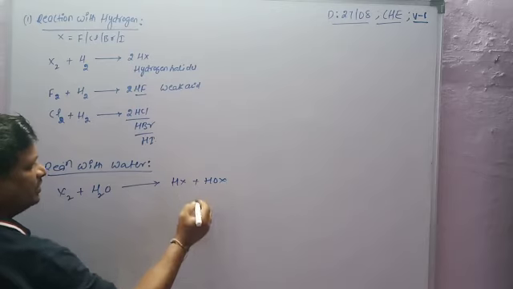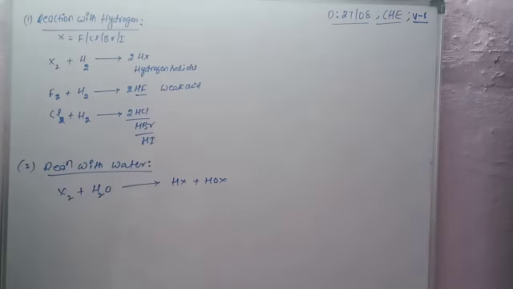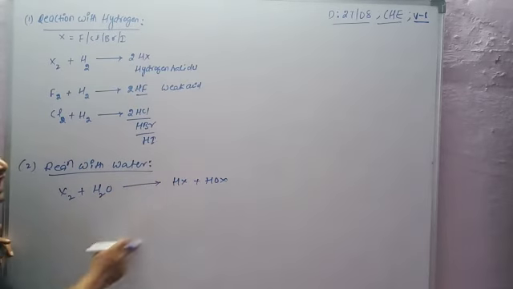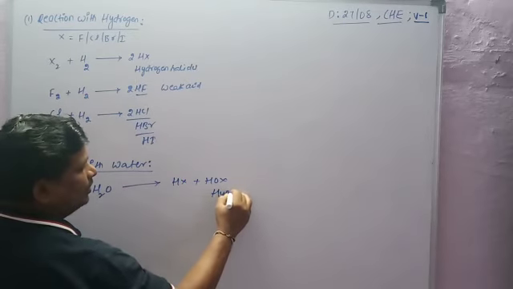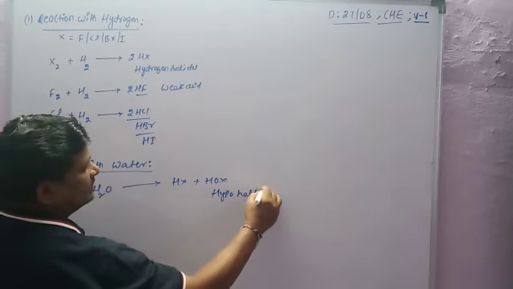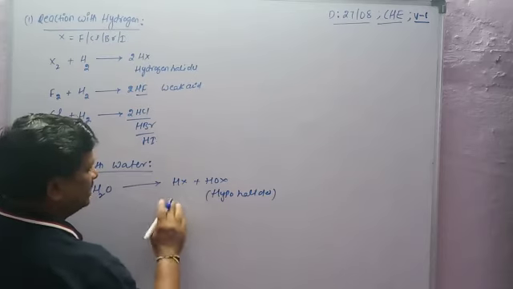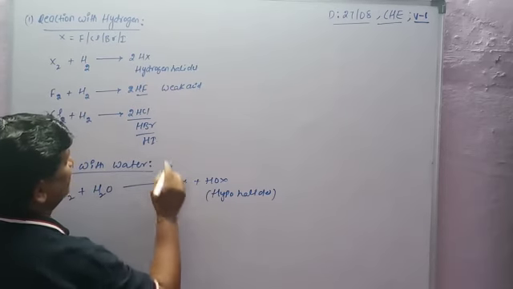So X2 plus H2O gives HX plus HOX, which are hypohalides. HX are the hydrogen halides.